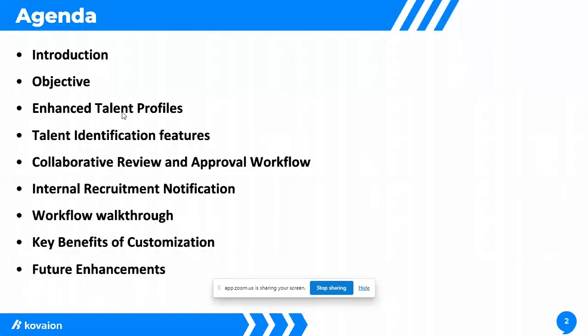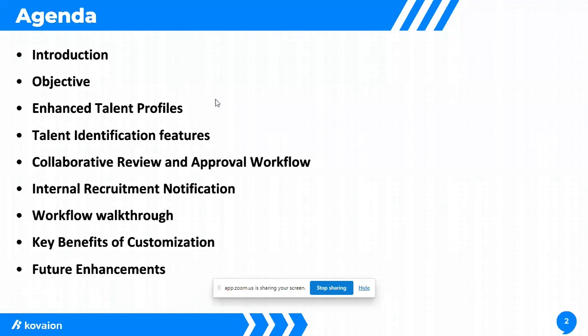Going to the agenda of this webinar, initially we'll see the introduction, followed by the objective of the webinar. Then we'll see the enhanced talent profiles, what customizations we have implemented and what features we have implemented in the module for the business purpose. Then comes the talent identification features that we have used extensively in this module for identifying the talent, and the collaborative review and approval workflow, where I will show you how this workflow works.